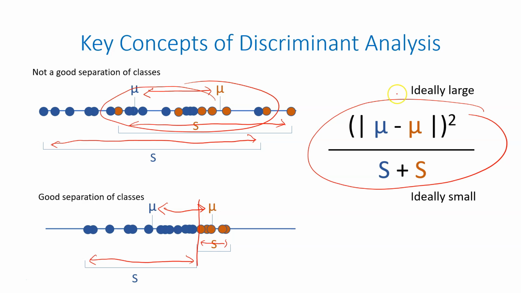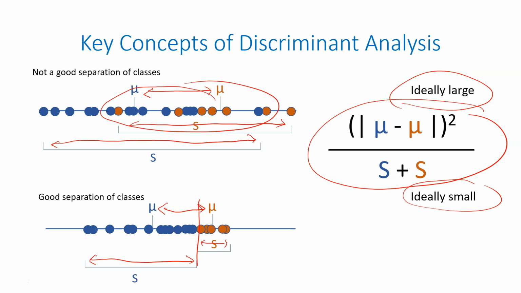Ideally, we want the numerator to be large and the denominator to be small. So the discriminant function that gives you the largest value for this measure would be the one that maximizes the between-class variation and minimizes the within-class variation simultaneously, and is the discriminant function of choice.